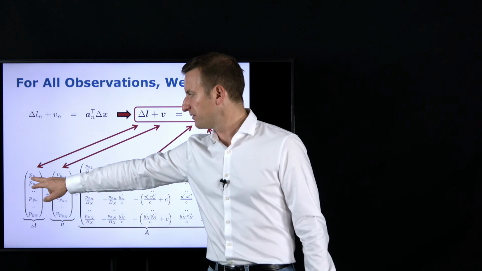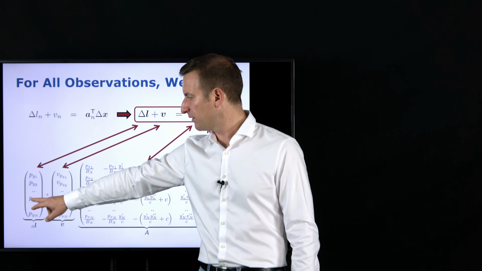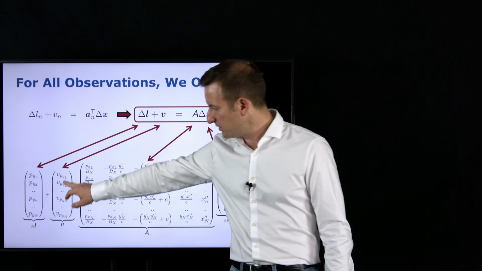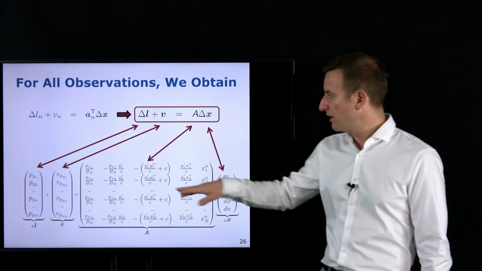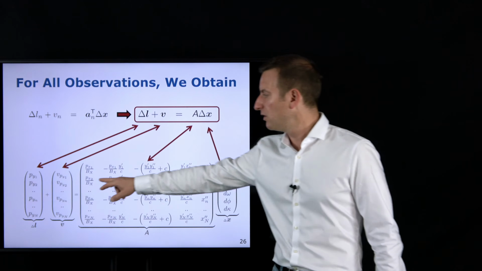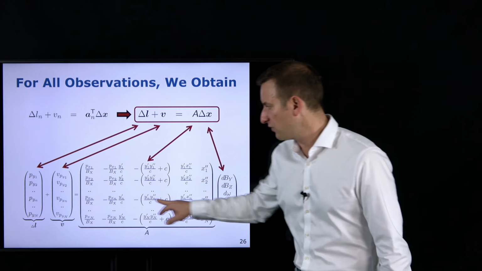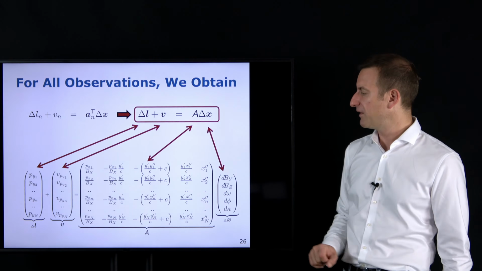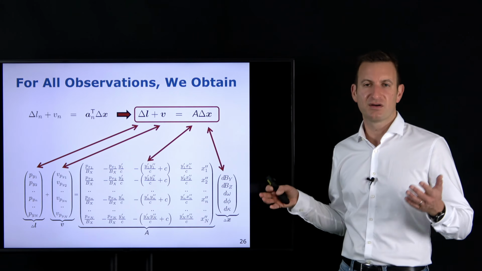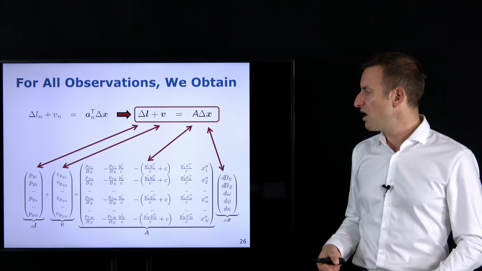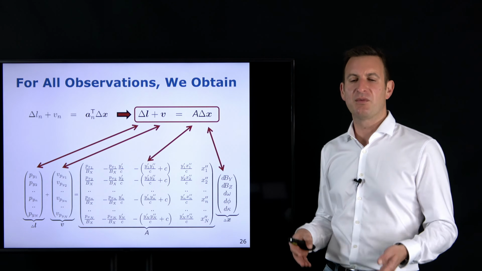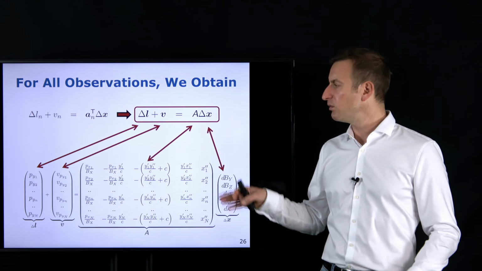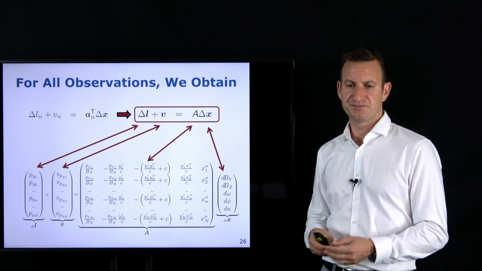So the observation of the first corresponding point, the second, the third, until the nth corresponding point, the corresponding corrections, and then the coefficients for every point pair that I'm seeing, and then the resulting update of my parameters. This is now the standard equation that we know, and from this point in time on, we can go ahead and apply our least squares toolbox and come up with a solution.